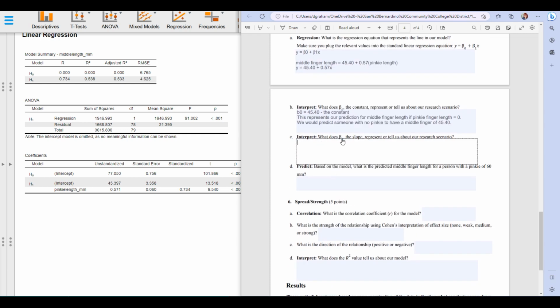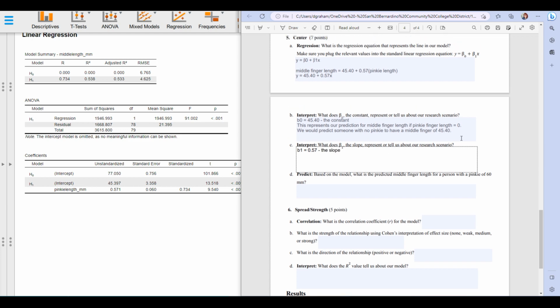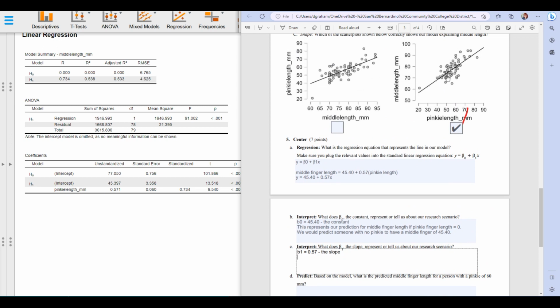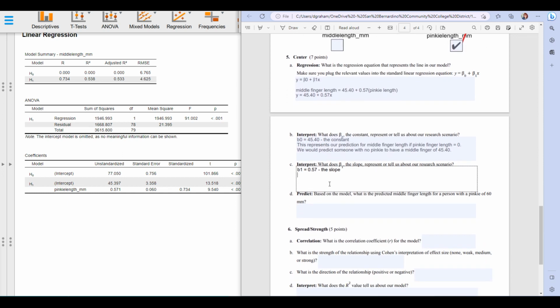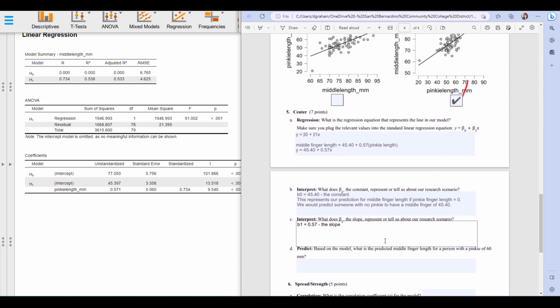Now, what does the slope B1 represent or tell us about our research scenario? Okay, so B1 in this case was the 0.57, and we know this is the slope. So when we're looking at our line, this really is the slope of our line. It's how much our line is going up for each increase that we see in X. So this represents the effect of our independent variable on the dependent variable.